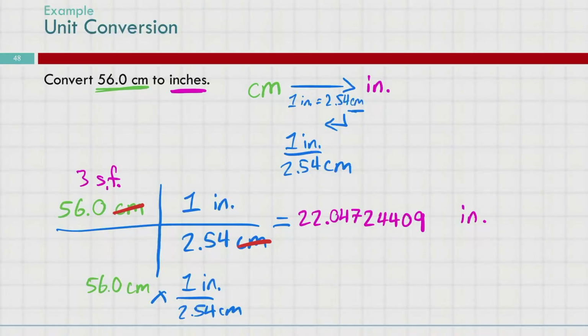It's 3 significant figures. Our conversion factor, secretly infinite sig figs. It's an exact conversion. So we would round for 3 significant figures, which turns into 22.0 inches. Box it in, final answer. Questions?